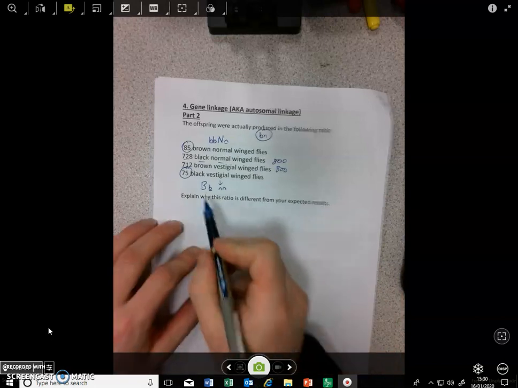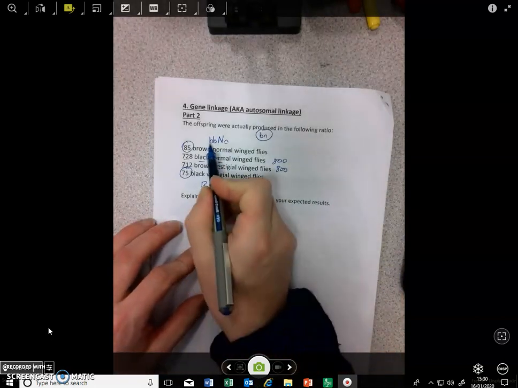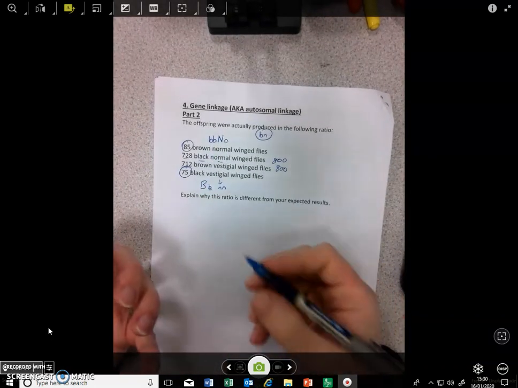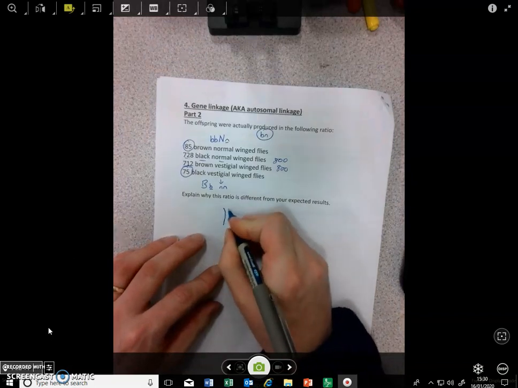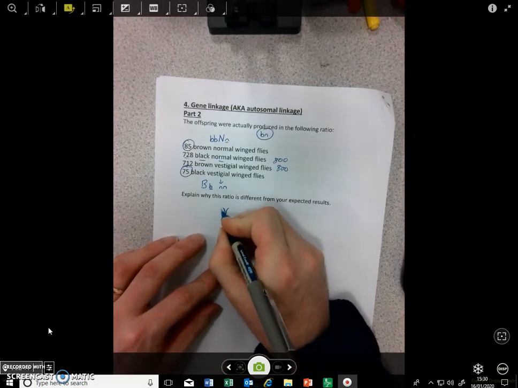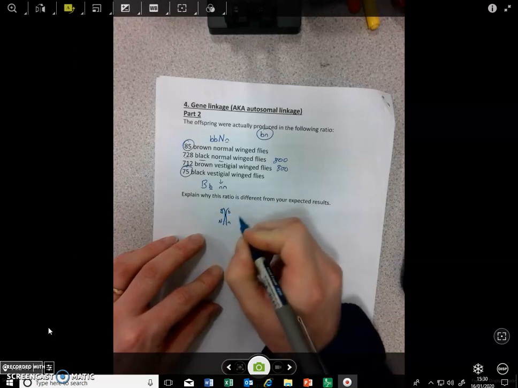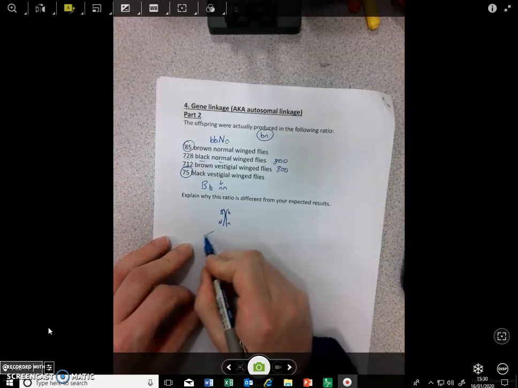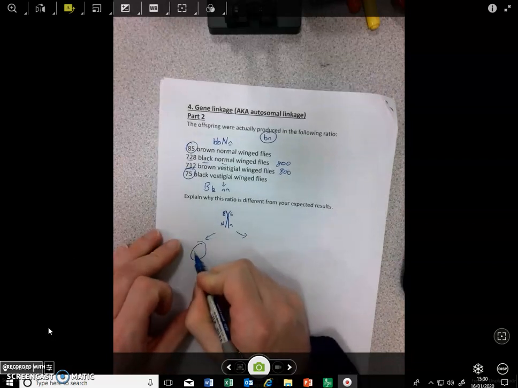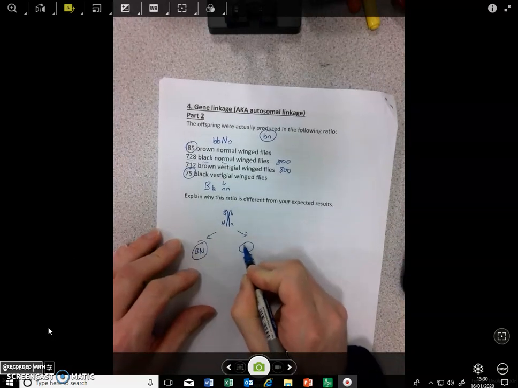But how on earth do we get this combination of alleles? Let's have a look at the crossing over that must have taken place. So I'm going to put my homologous chromosomes next to each other. I'm going to put the B's at the top and put the N's at the bottom, so that we know that during meiosis we would normally be making that, and we would be making that.